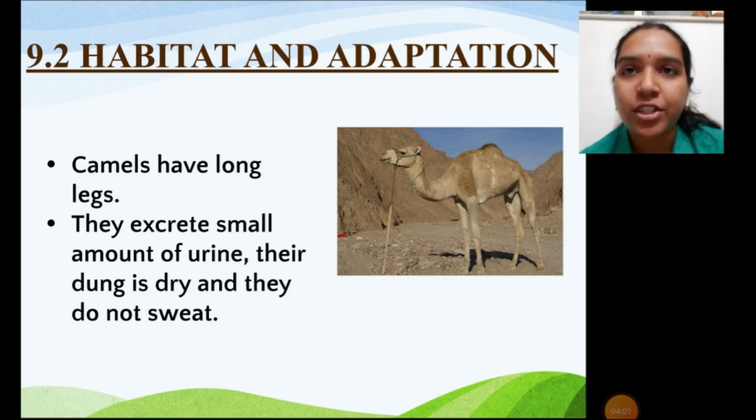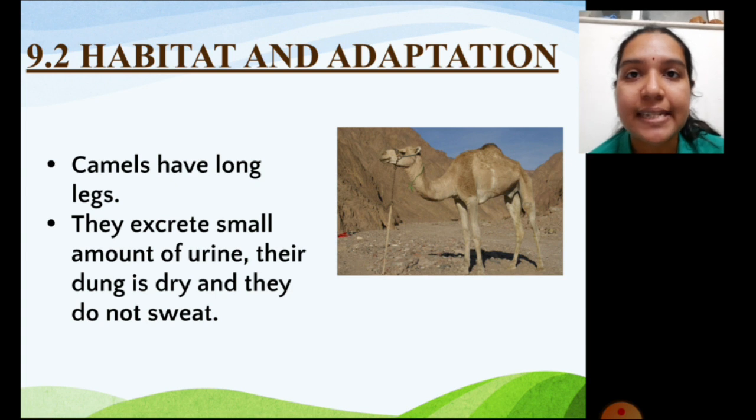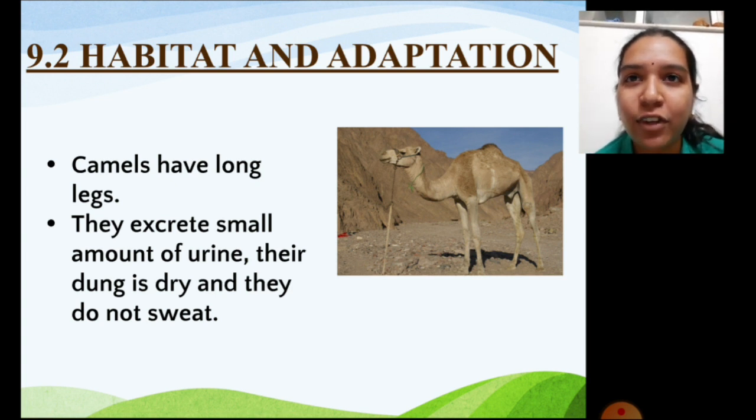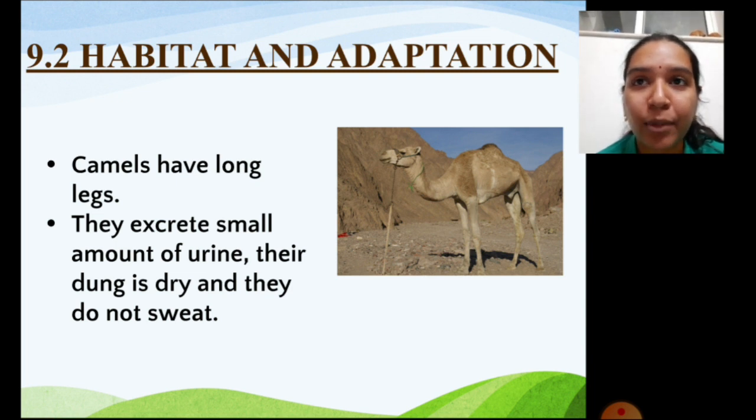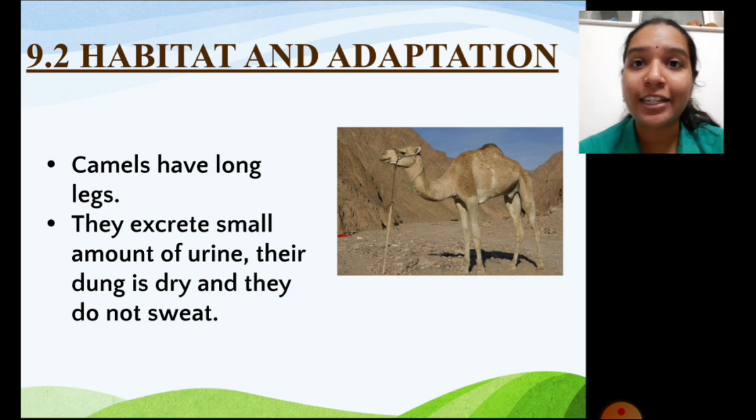The body structure of a camel helps it to survive in desert conditions. They have long legs which keep their body away from the heat of the sand. The amount of water released through their body, or the amount of urine they excrete, is very little. The camels usually do not sweat and their dung is very dry.